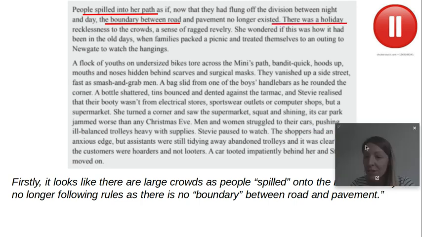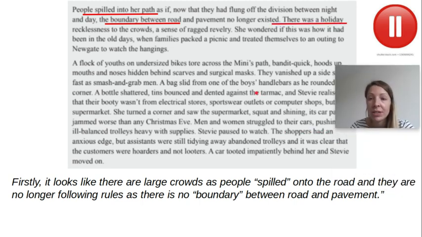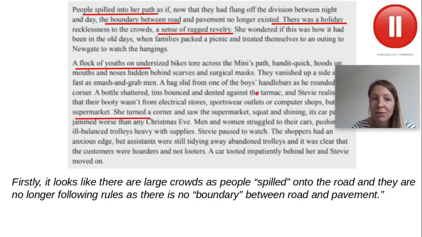Okay, let's look at some of the bits of evidence you could have used in your answer. Tick these bits if you've got it. There's a holiday recklessness to the crowds, the sense of ragged revelry, this flock of youths that tear across the front of her car, and they're all wearing masks and they've got their mouths and noses hidden. She talks about the supermarket and the people queuing outside.